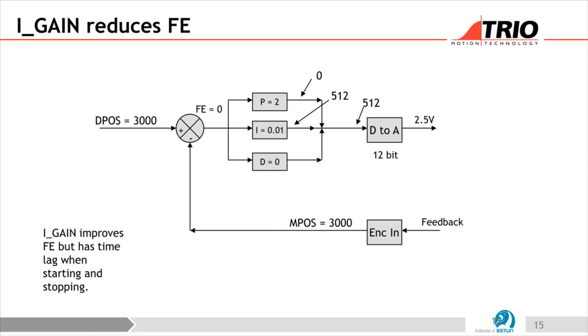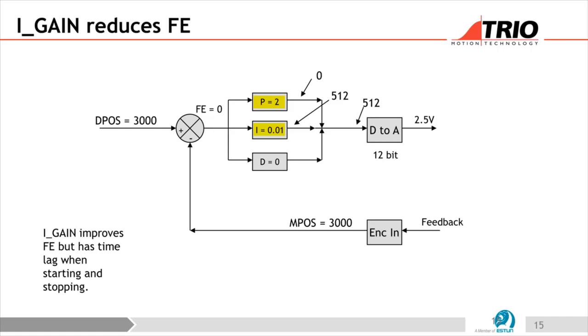But all the time it's adding that, it will actually be reducing the following error, because the output of the D to A converter to give you the speed is now coming from the I gain output, not the P gain. So the higher that gets, the less the P gain has to be, because the total here has to be the same all the time.